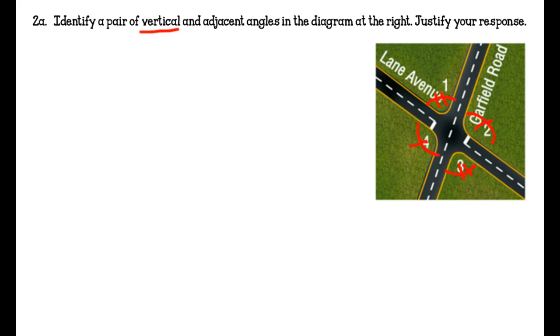Then I'm going to do adjacent in blue: 4 and 1 are adjacent, so that's one pair of adjacent angles. Or 2 and 3 are adjacent, or 1 and 2, or 3 and 4. So there are lots of different ones you could have.